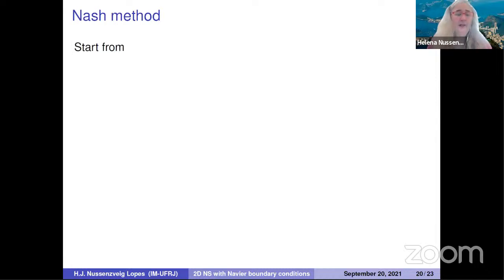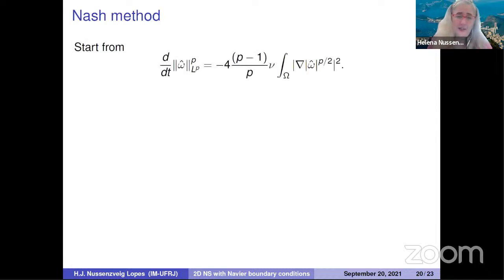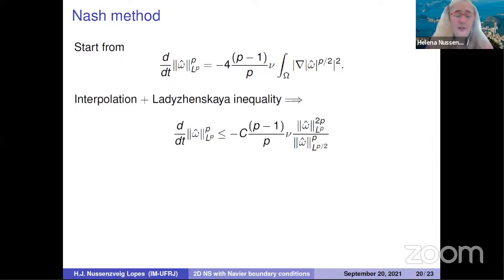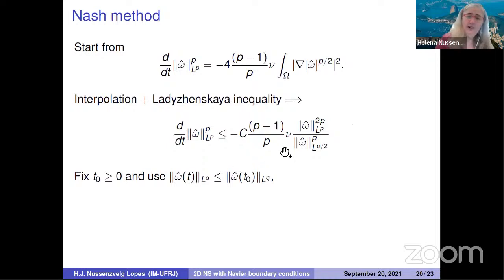Okay, so here's the Nash method. So we start from this basic energy estimate. We use interpolation and the Ladyzhenskaya inequality in 2D to show that your right-hand side is bounded actually by the L^p norm of omega hat to the 2p times the L^{p/2} norm of omega hat to the power p. Of course, this is bounded by the initial L^{p/2} norm to the pth power of omega hat.